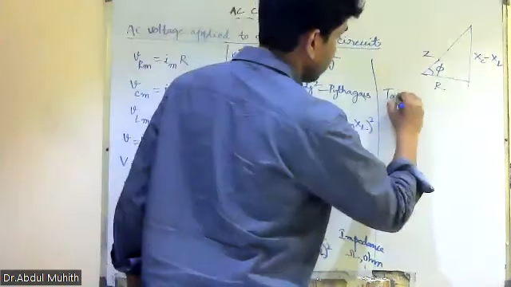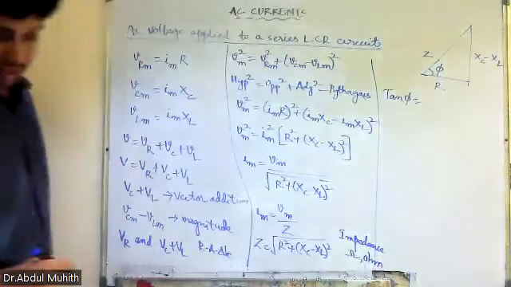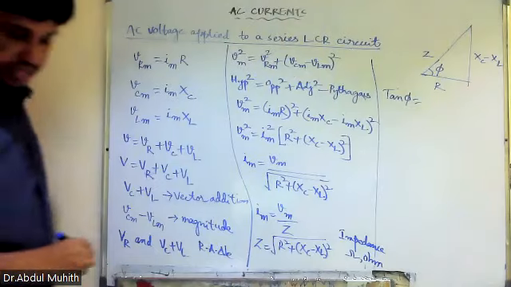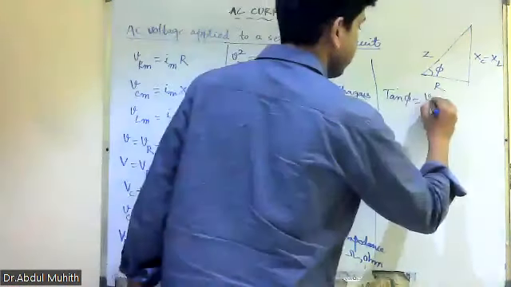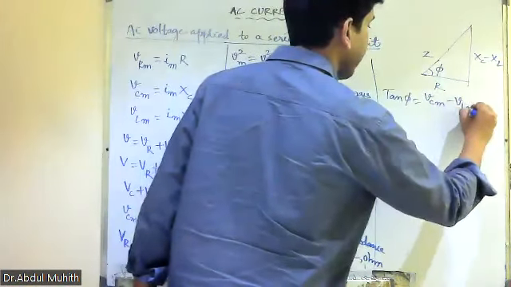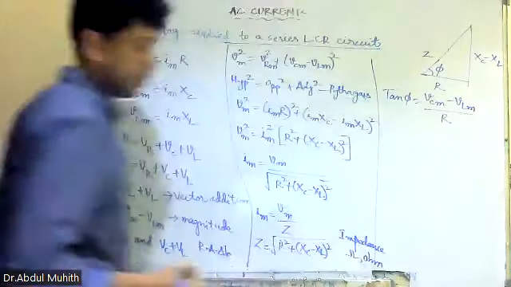Tan phi is equal to VCM minus VLM divided by VRM. Magnitude. Okay, this is the magnitude.